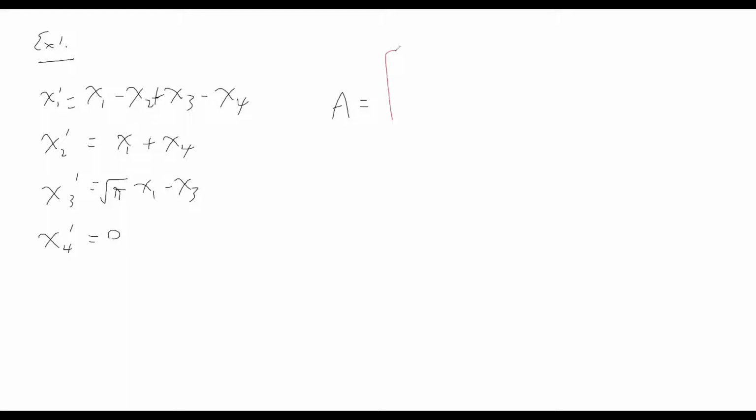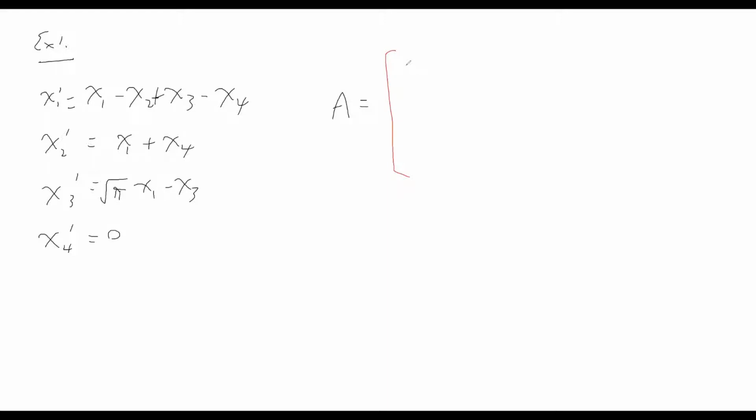Each row is going to represent one equation. The first row is x1 prime, second is x2 prime, and so on. Then you just put in their coefficients, which are functions of t.